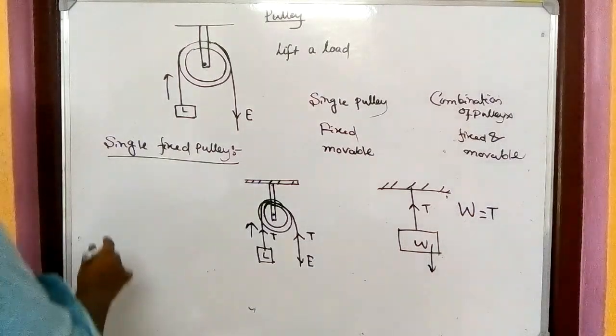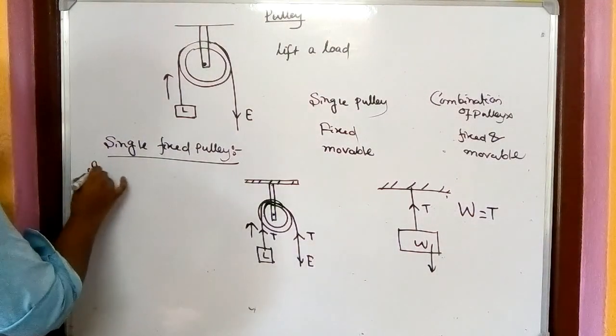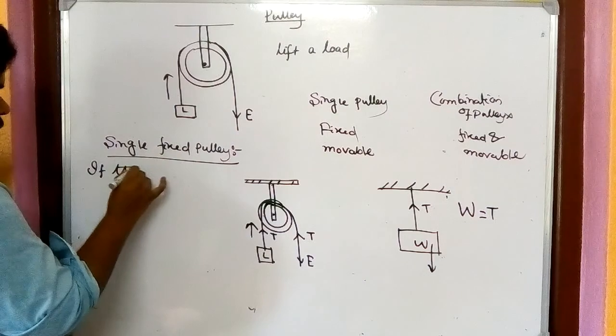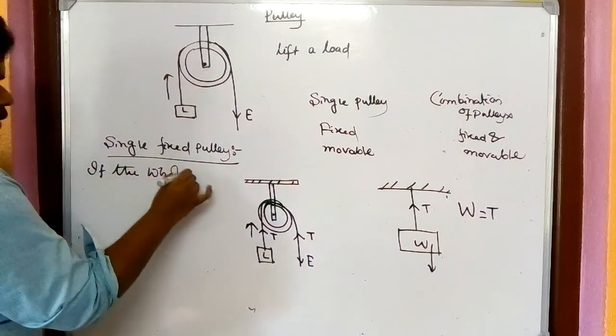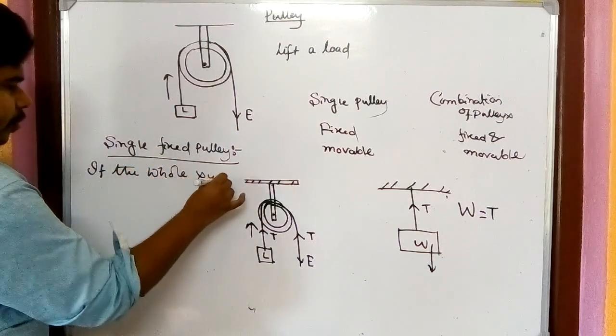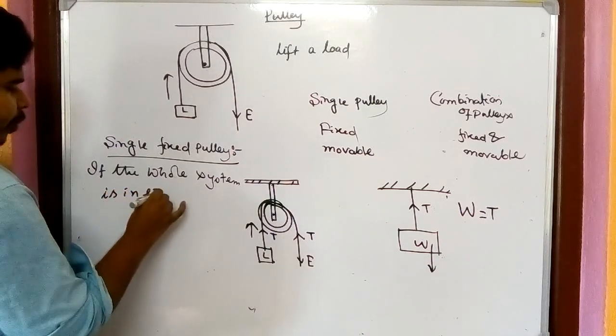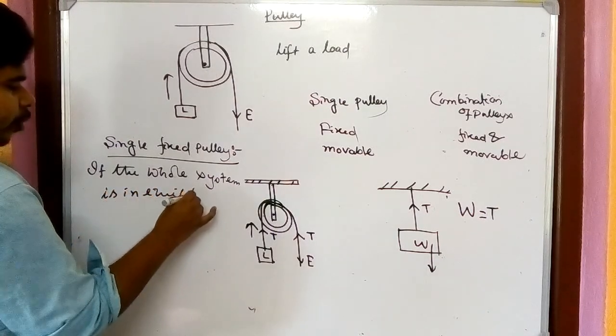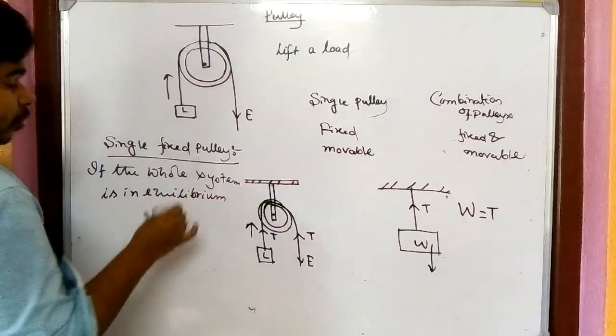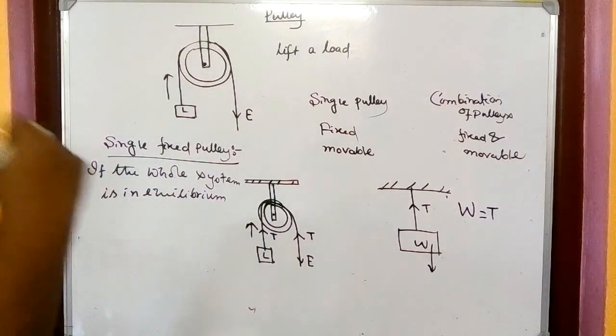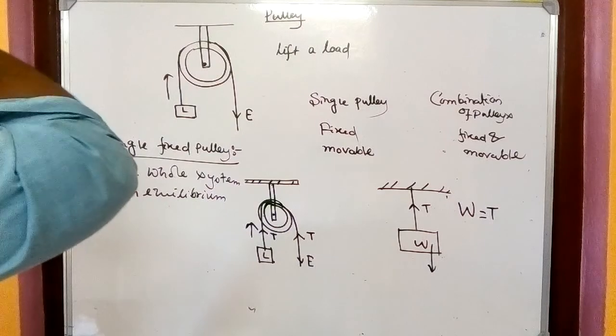If the whole system is in equilibrium, what is equilibrium? You have read it in the first chapter. If you forget, go there and see what we mean by equilibrium.